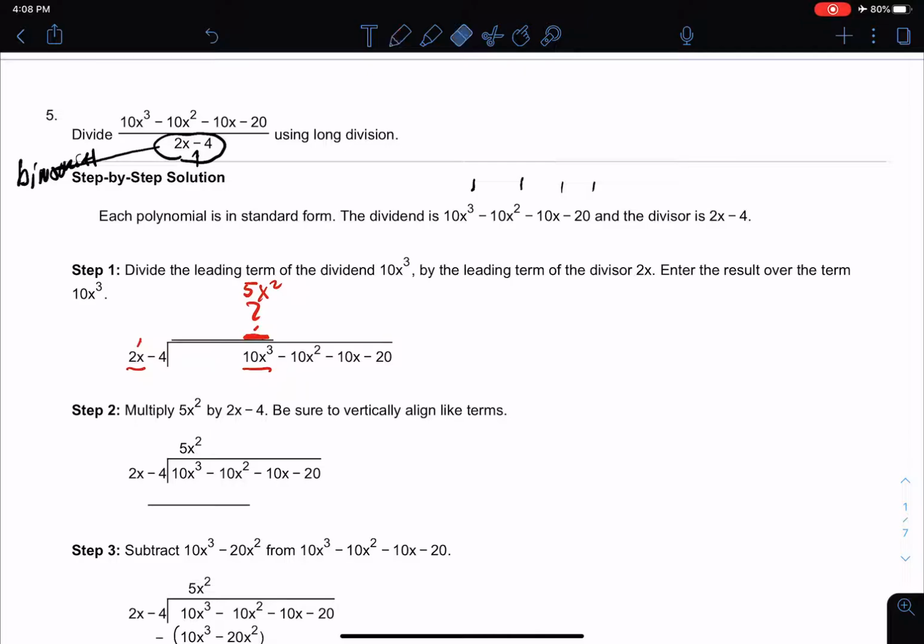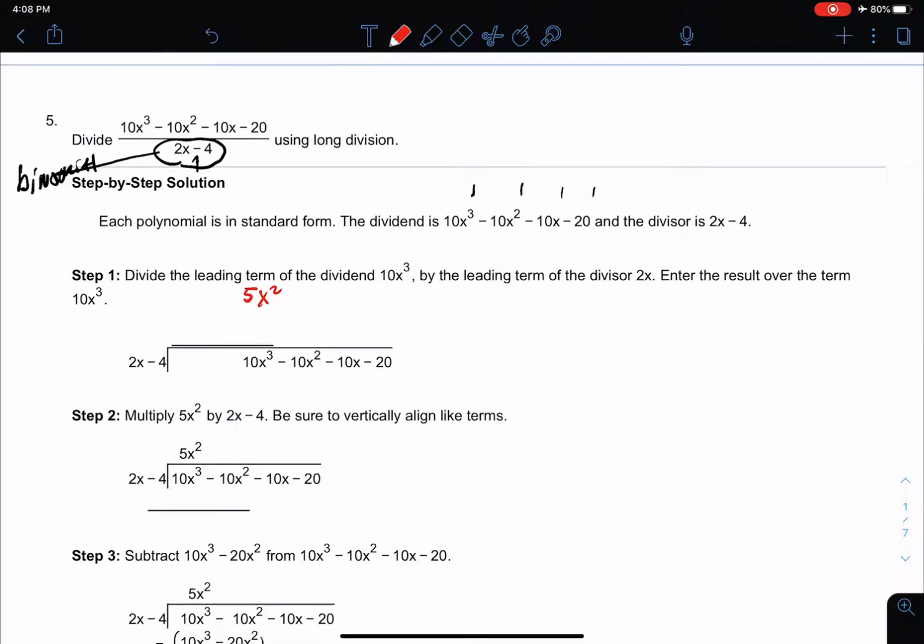I'm going to do it the way they do it, which is a very popular way also, and that's fine too. I really don't care which way you do it. Here it says divide the leading term, 10x cubed, by the leading term of the divisor, 2x.